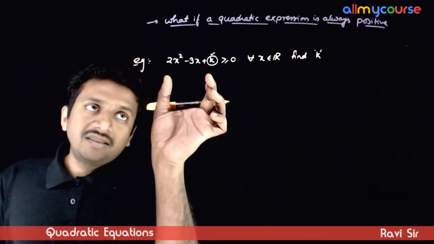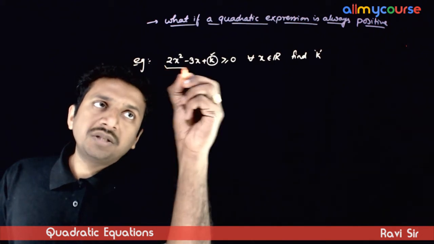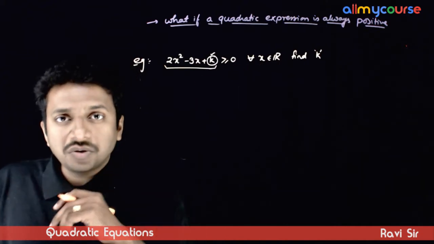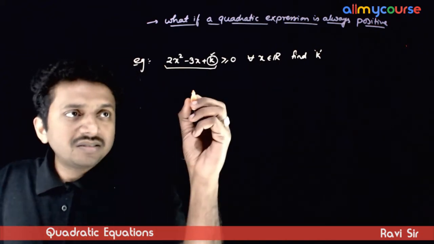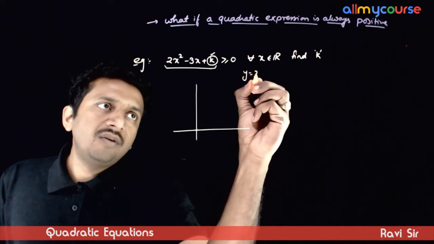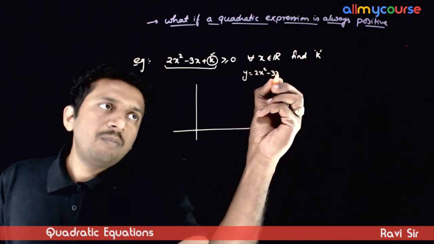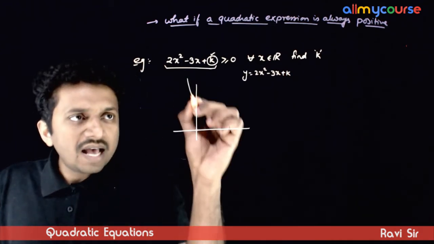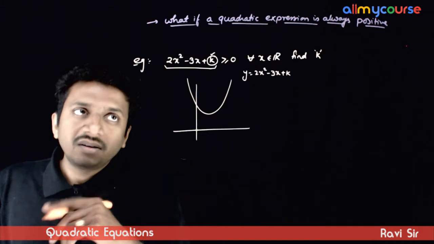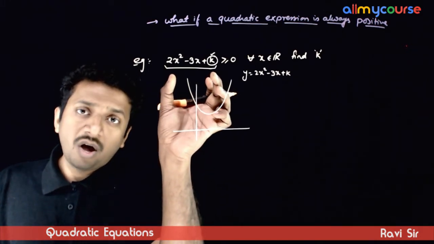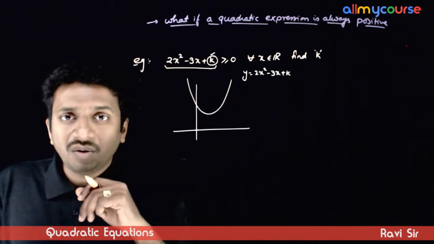So the analysis is like this. This quadratic expression is positive for all x belongs to R. That means if you draw the graph of y is equal to 2x square minus 3x plus k, the graph has to be something like this, because this y has to be always greater than or equal to 0.